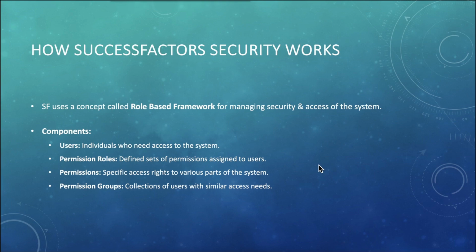Next component will be permissions. Permission is the smallest unit of access that can be provided to someone. Let's say you want a user to be able to see someone else's first name and last name, so there's a permission for that.